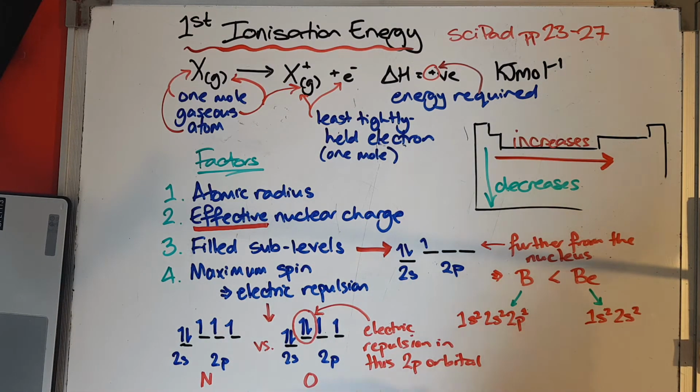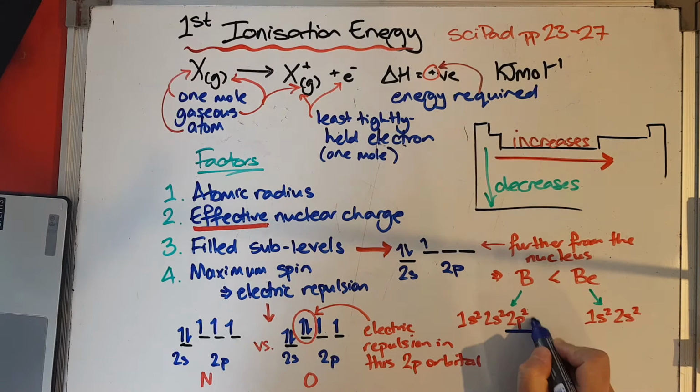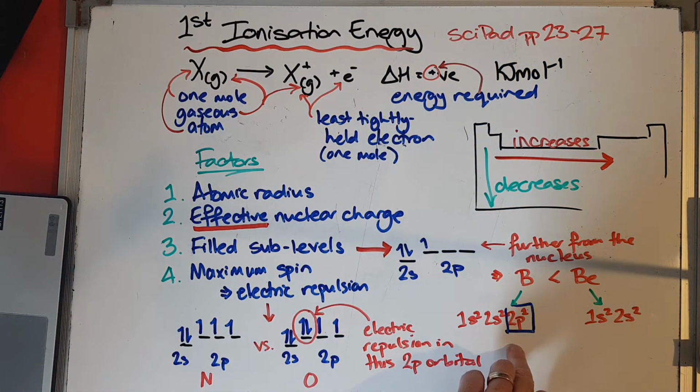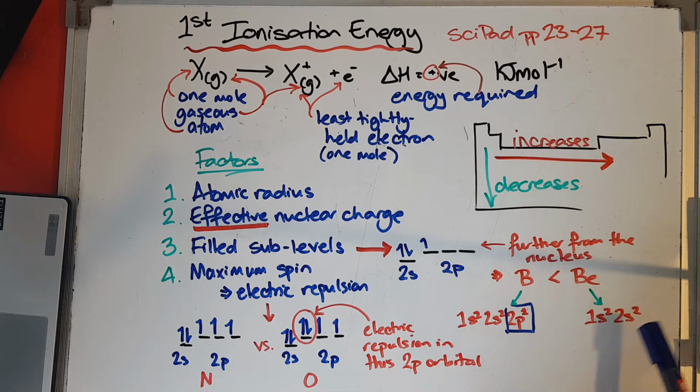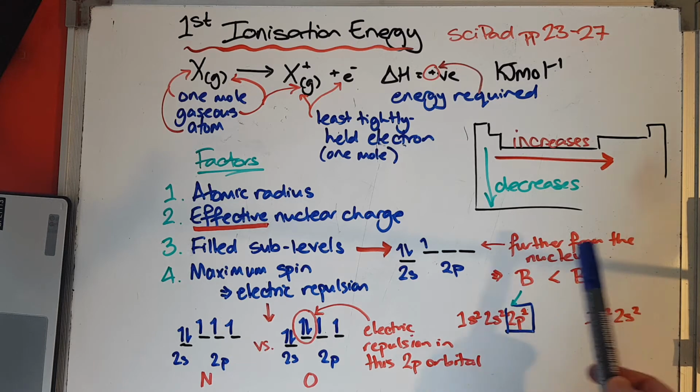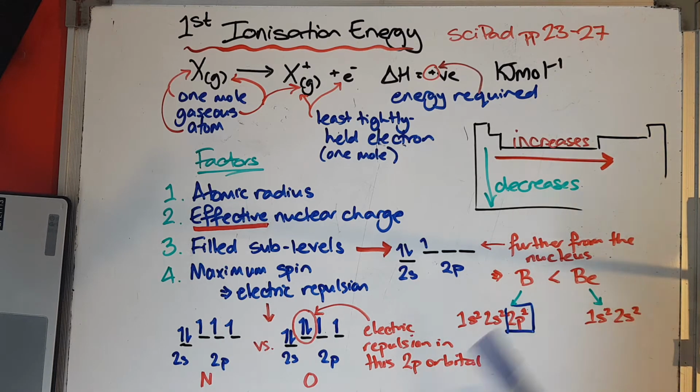So what we find is because of this 2p1, because there are electrons in the 2p orbital, this one is a lot easier to remove than one of these 2s electrons from beryllium. So beryllium has a much higher ionisation, well not much, but it has a higher ionisation energy than boron, even though boron has a smaller radius and a higher effective nuclear charge.